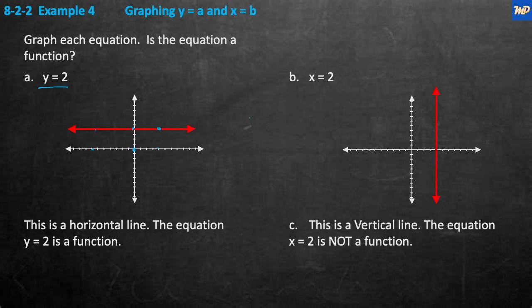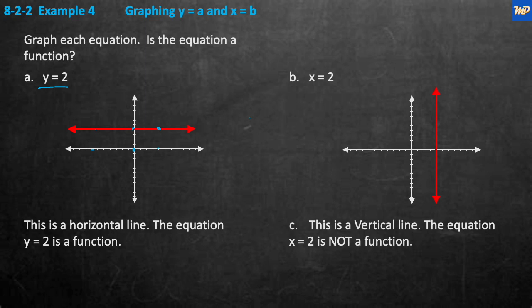It never results in two different answers. The answer always happens to be 2 in this case, but that's perfectly fine. This is a horizontal line, and the equation y equals 2 is a function. So a horizontal line like this, horizontal to the x-axis, is a function.